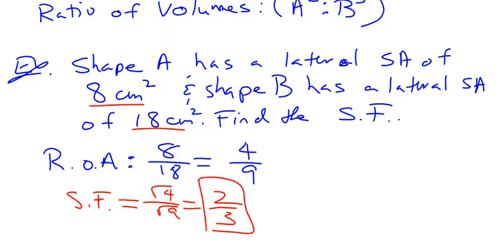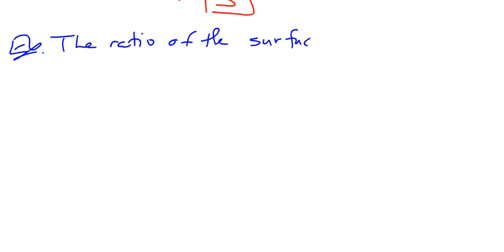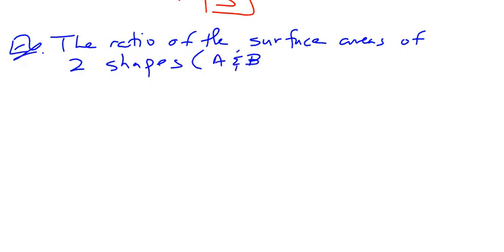All right, let's pick it up a notch. In the next example, I tell you the ratio of the surface areas of two shapes, A and B, is 9 to 25.